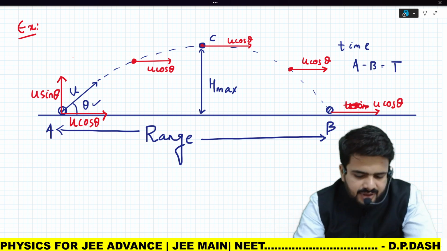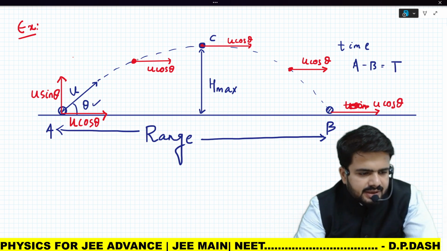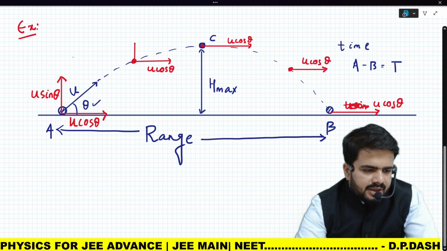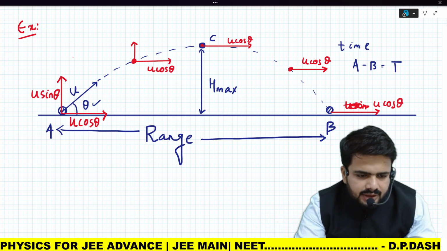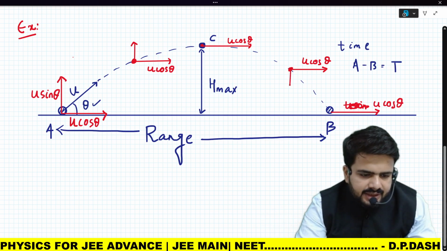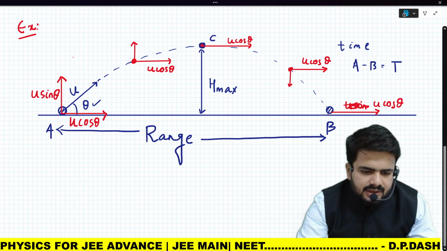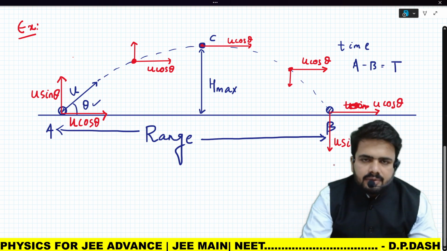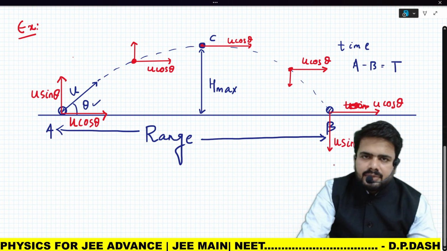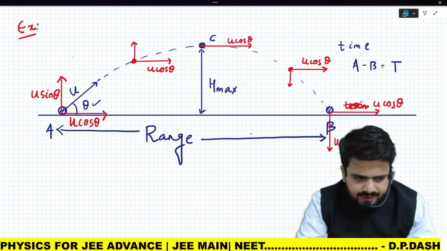Whereas the vertical component will keep on decreasing, and at maximum height the vertical component completely vanishes to zero. After maximum height it again starts increasing, and at the end of the projectile it again becomes u sin theta, with the same magnitude as whatever you have thrown but opposite in direction.